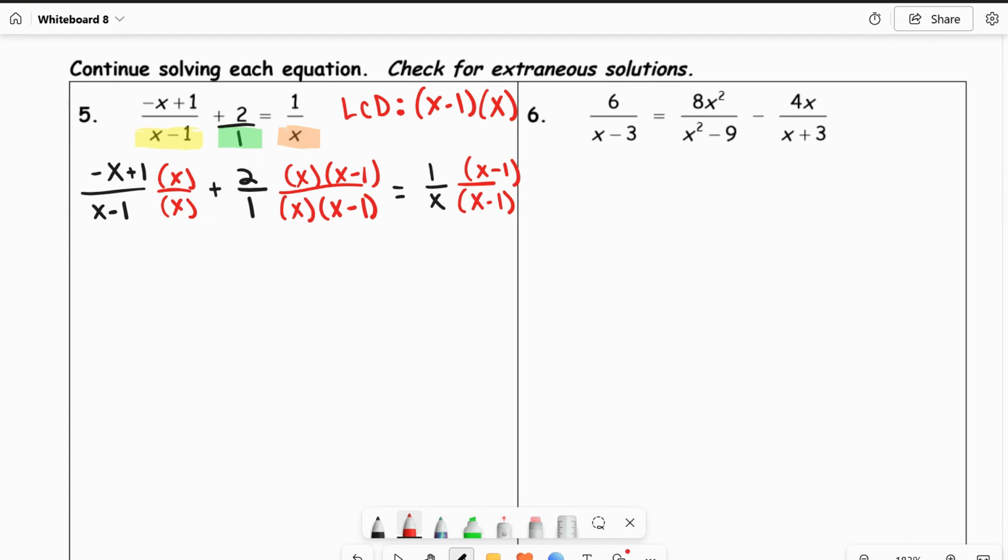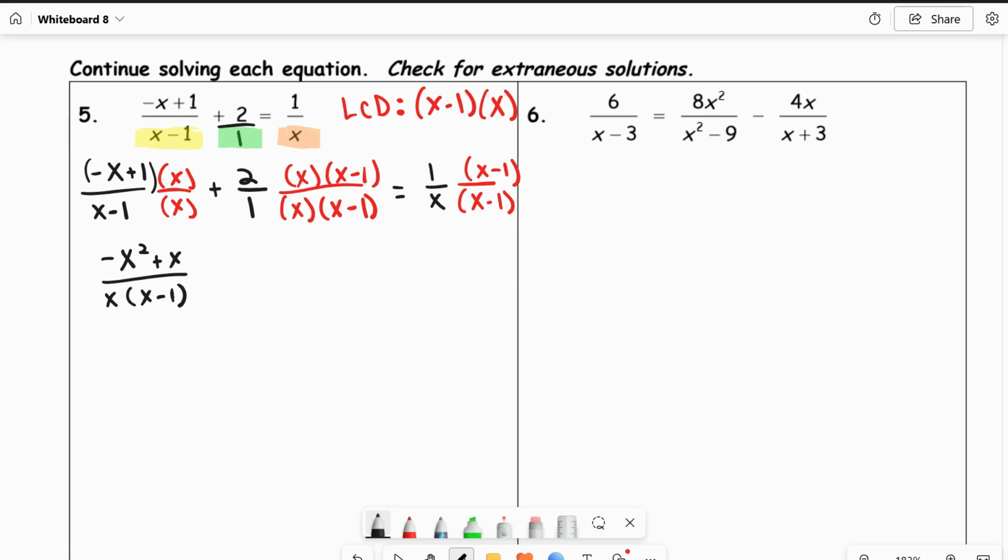All right. So now let's go ahead and simplify things. We are going to have to distribute each of these. So I'm distributing my x to my negative x plus 1, which is going to give me negative x squared plus x over my LCD, which I'm going to start writing like this because that just makes a little more sense.